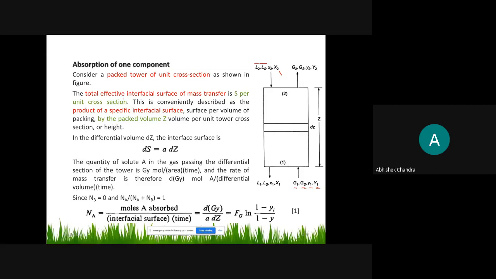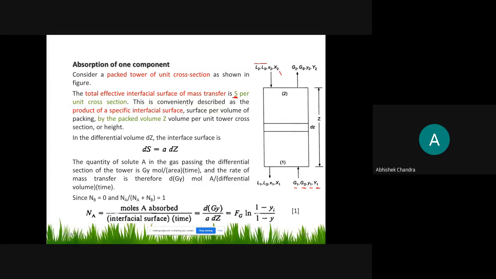The total effective interfacial surface for mass transfer which is provided by this tower is S, and this is per unit cross section.